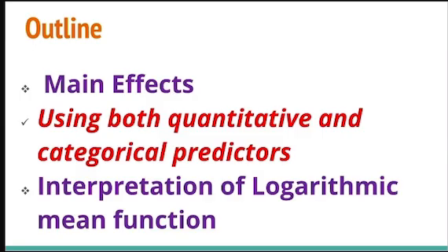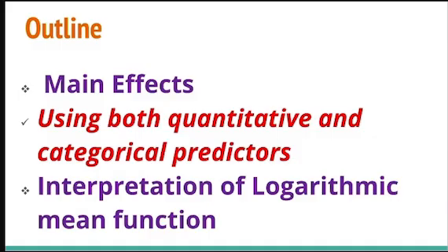But let me first say this. If I'm talking about main effects, I want to start with main effects. When we talk about main effects, I want to figure out the direct effect of a particular predictor on the response after adjusting for other predictors in the model.